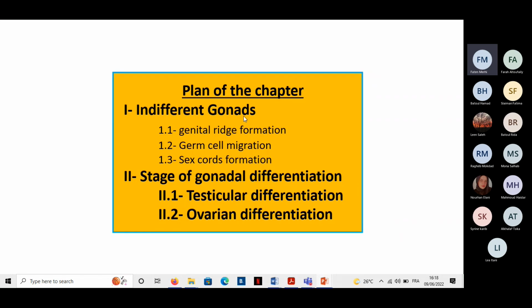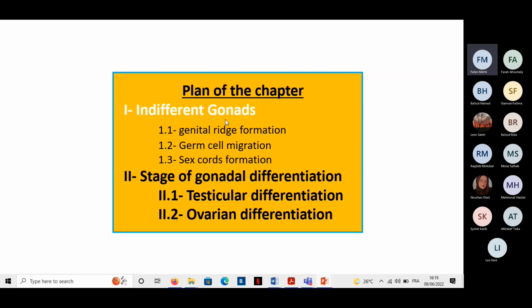In this part, we will detail the phases through which those gonads pass, the phases that participate in the formation of the indifferent gonads. Then after a while, those indifferent gonads will start to differentiate to give either testicles, like in the males, or ovaries, and then we will talk about the ovarian differentiation.